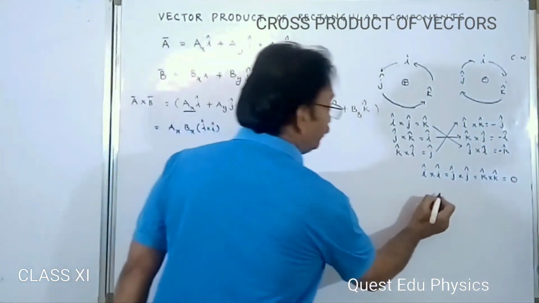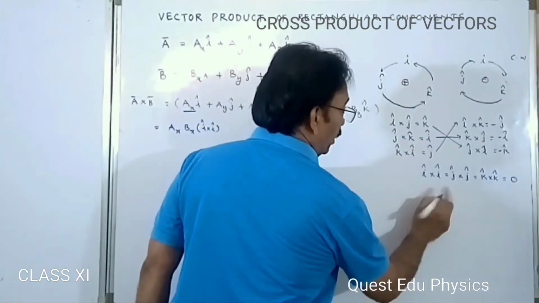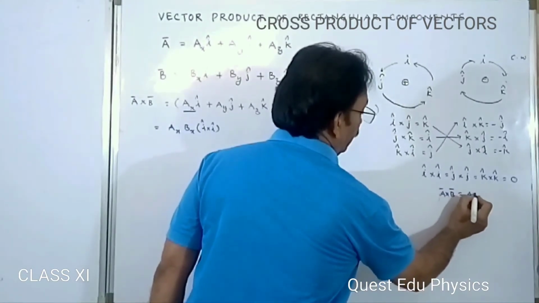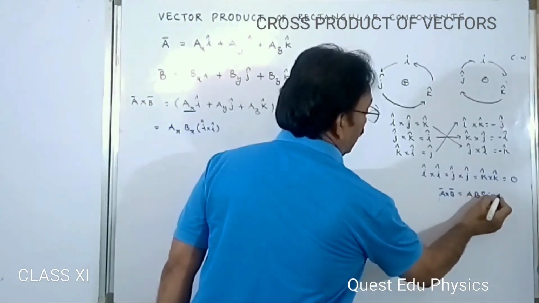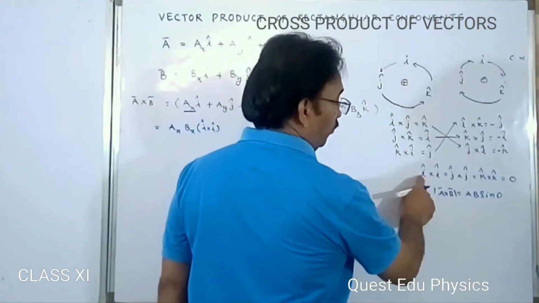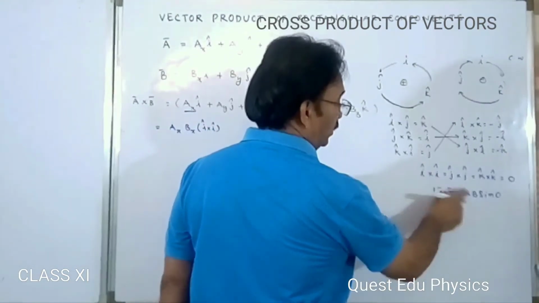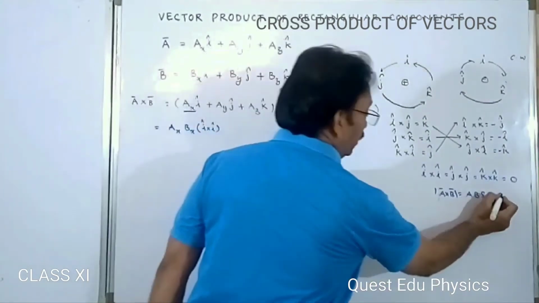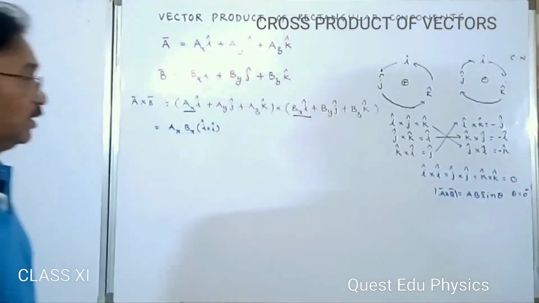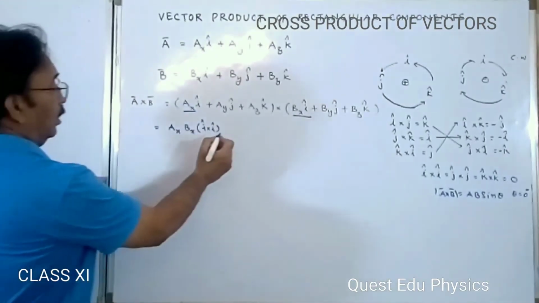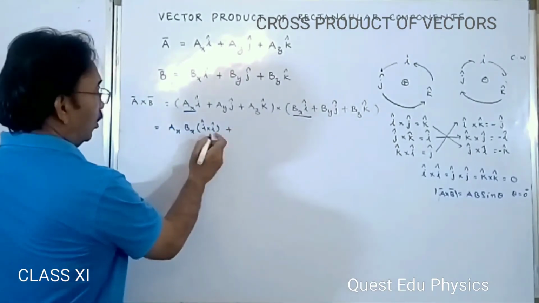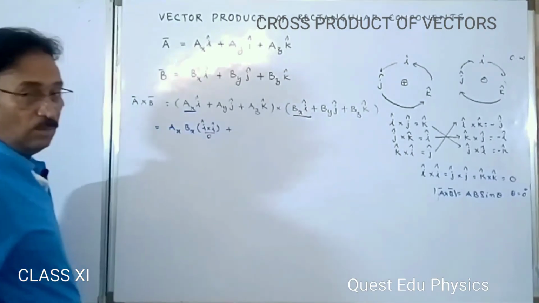And you learned that A bar cross B bar magnitude is equal to AB sine theta. In the place of A we put i, and B is i again, and if you take the angle theta equal to 0, then we'll get 0. Then after, ax bx times i cap cross i cap is immediately 0.